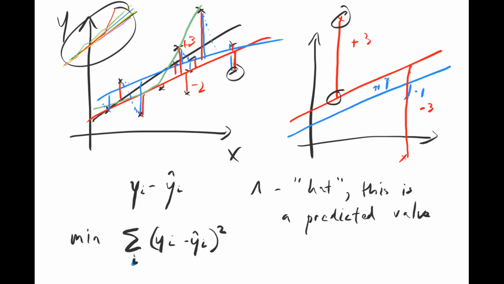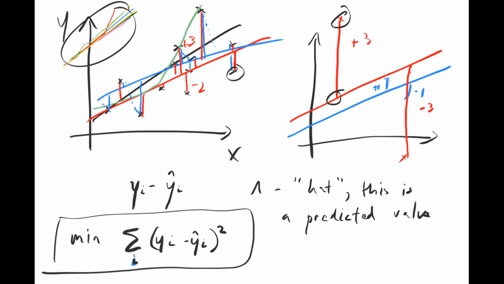This is kind of my objective function of a linear regression, and that's going to produce a straight line that reduces the difference between my points and my line.